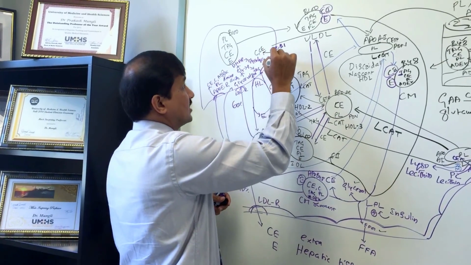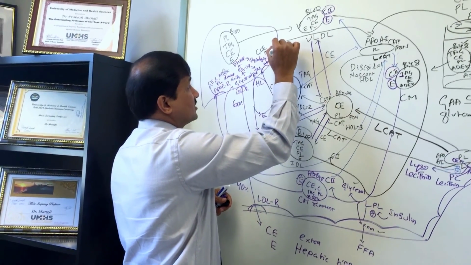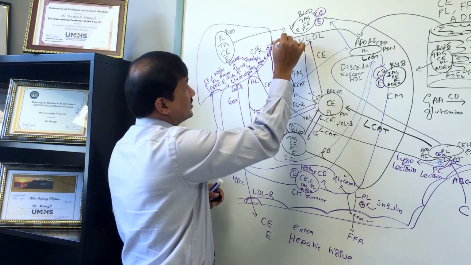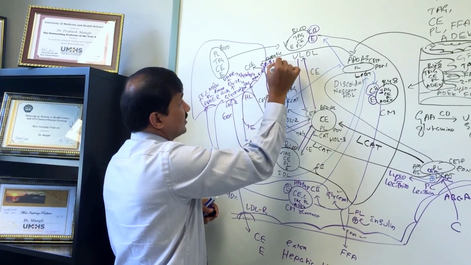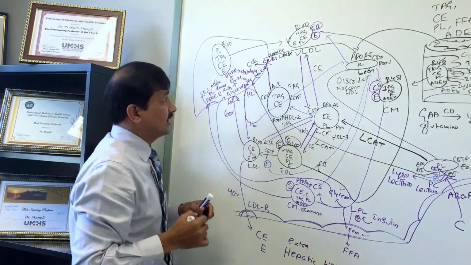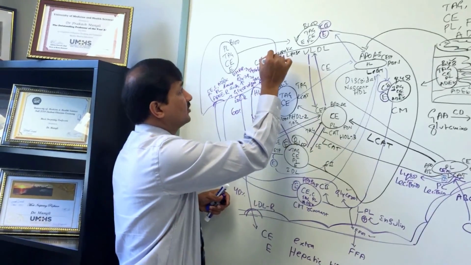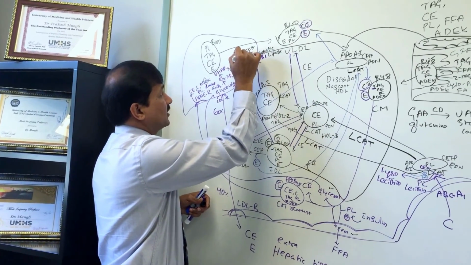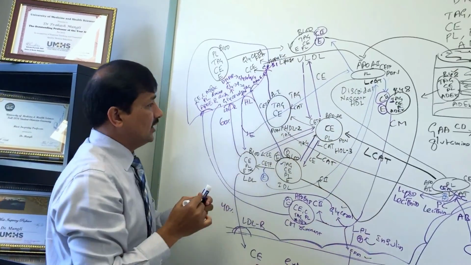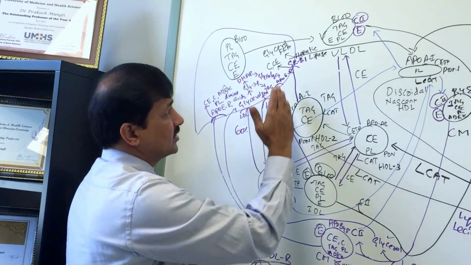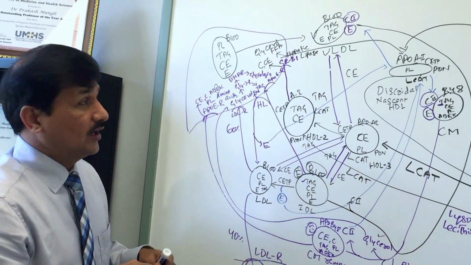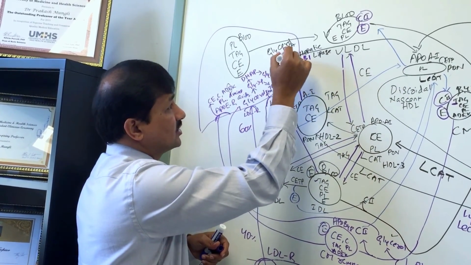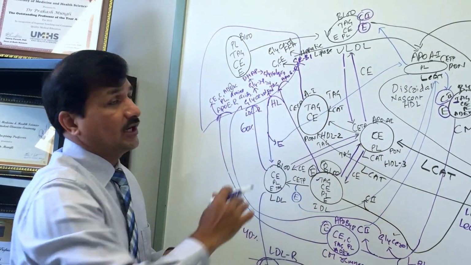Besides SRB1 on the surface of the hepatocyte there is also an enzyme called HL, hepatic lipase, which breaks down triacylglycerol into free fatty acids and glycerol. So as HDL2 passes through the hepatocyte membrane, it loses its cholesterol ester and cholesterol and its triacylglycerol, and these are taken up by the liver.